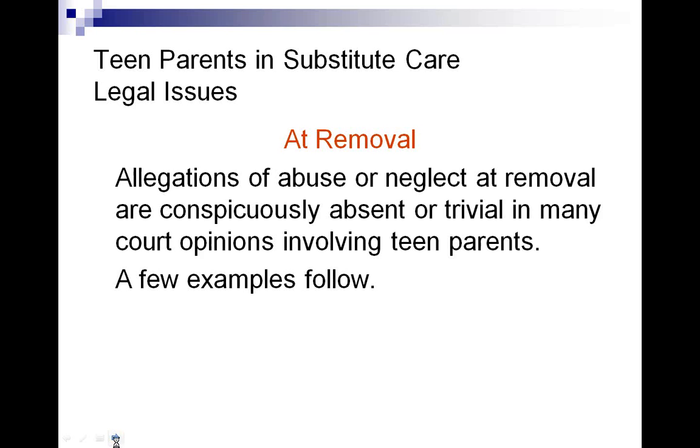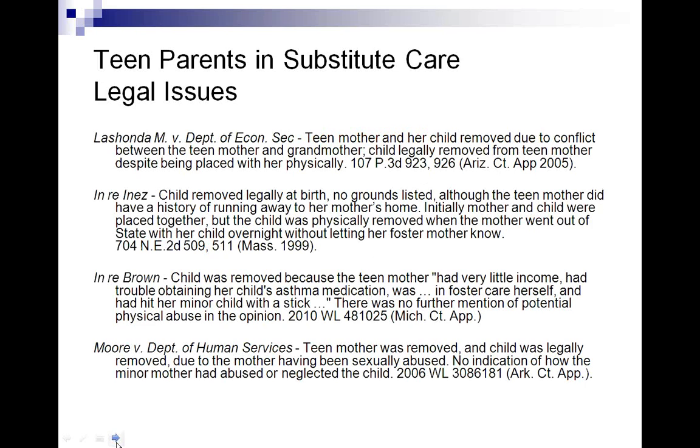There are some examples there regarding removal. I was also looking at whether, after removal, the children seemed to be kept in care longer because they were born to a teen parent that was in care. I really didn't see that as a trend, but I did look for it.